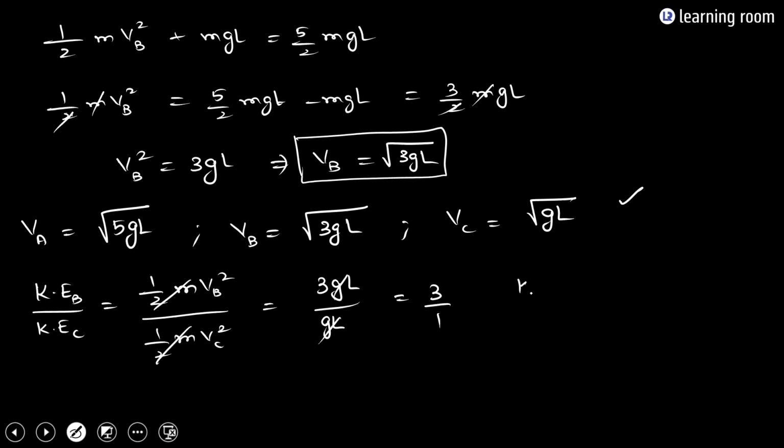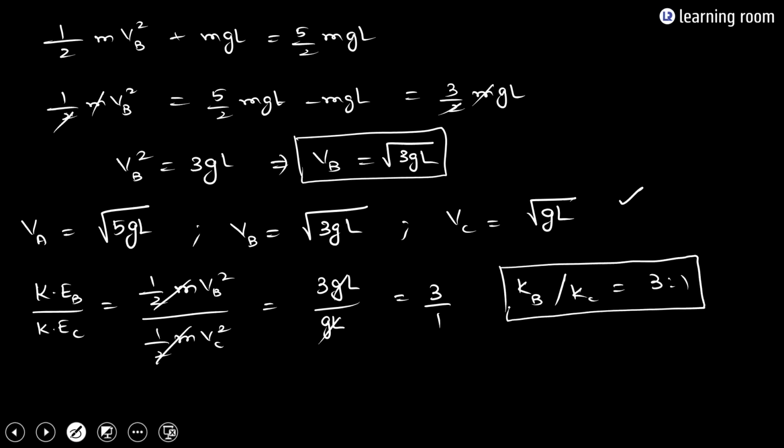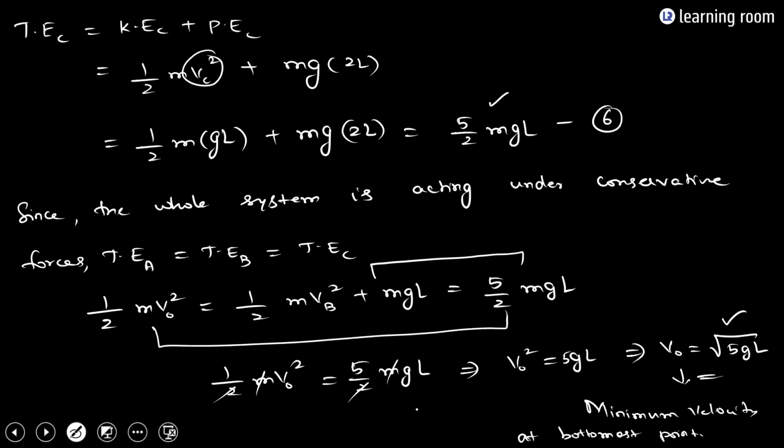Answer will be 3:1. So is it clear? So this is all about the motion called vertical circular motion. Clear? So make a note of it.